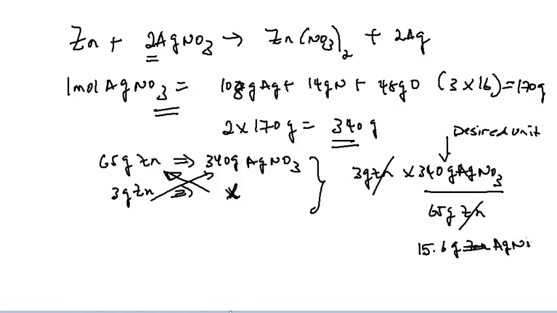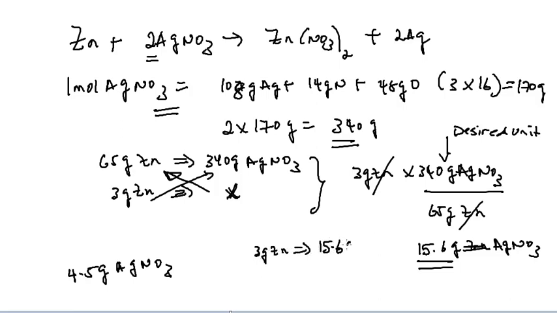So this is a very important number. Now we're going to compare the amount that was given to us. The amount given to us was 4.5 grams of silver nitrate. But when we did the calculation, for 3 grams of zinc you need 15.6 grams of silver nitrate.